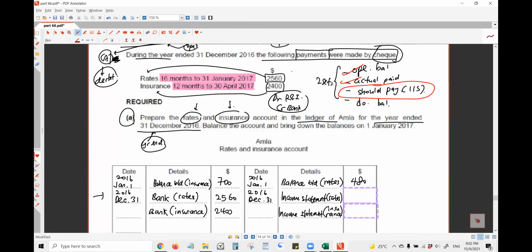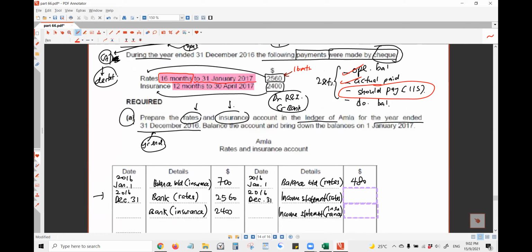The 2560 is the amount you have actually paid, right? And then it says 16 months. What does this mean? It means that this 2560 is for 16 months of rates. And the following part, to a certain date.